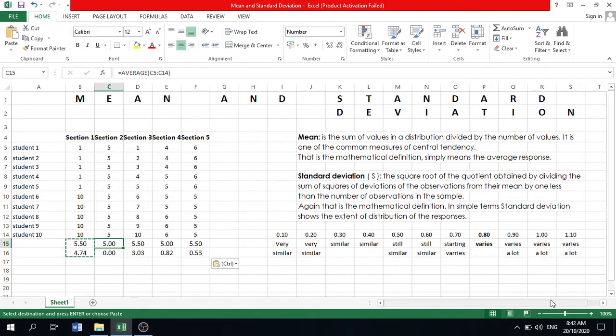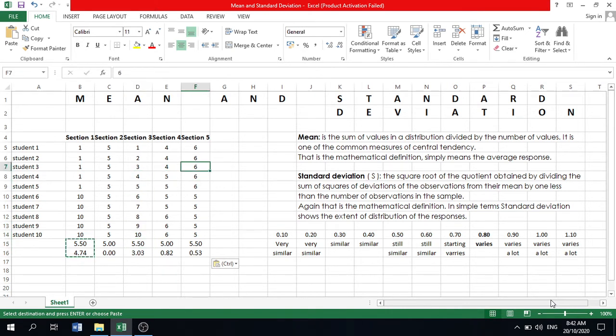Section 2, we have all students who got the score of 5, an average of 5, and a standard deviation of 0.00. In section 3, they have the scores 1, 2, 3, 4, 5, 6, 7, 8, 9, 10, and the average is 5.5 with a standard deviation of 3.03.